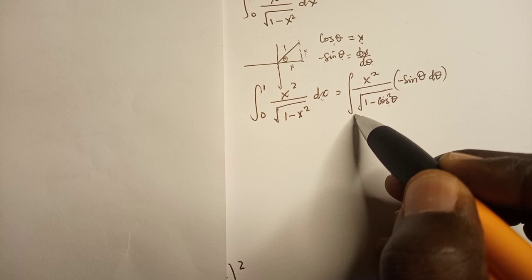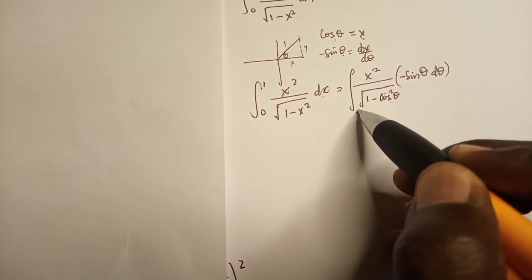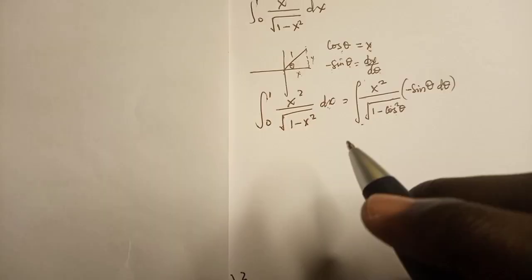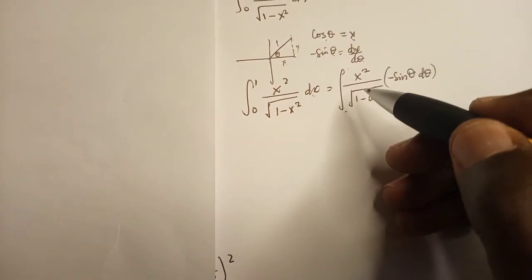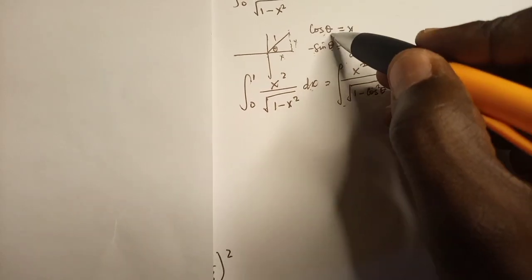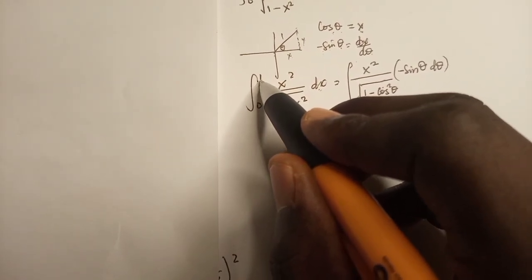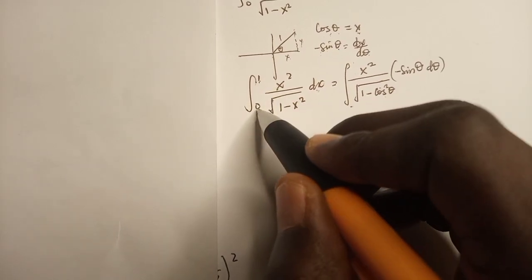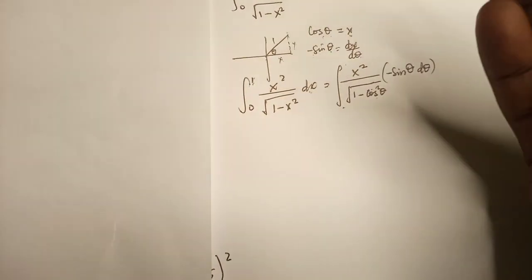We'll keep the values of 0 and 1, and introduce them later. Or we can even do it right now. Remember, the limit is from 0 to 1, so we look for the limit in terms of theta.